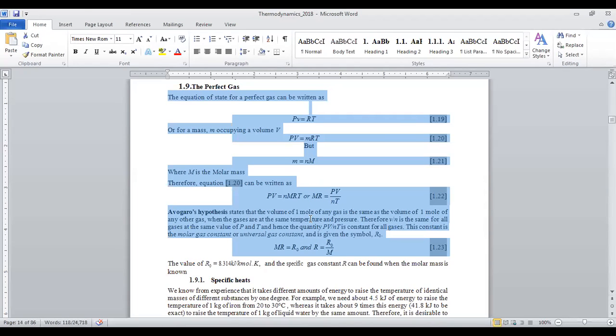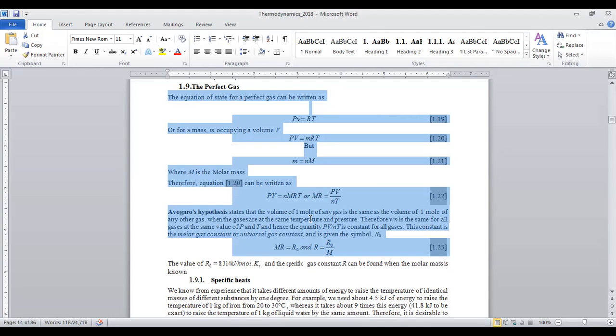For steam, you have to look into steam tables. Refrigerants, you have to look into property tables. Steam, you should refer to steam tables; there you can know more about this.